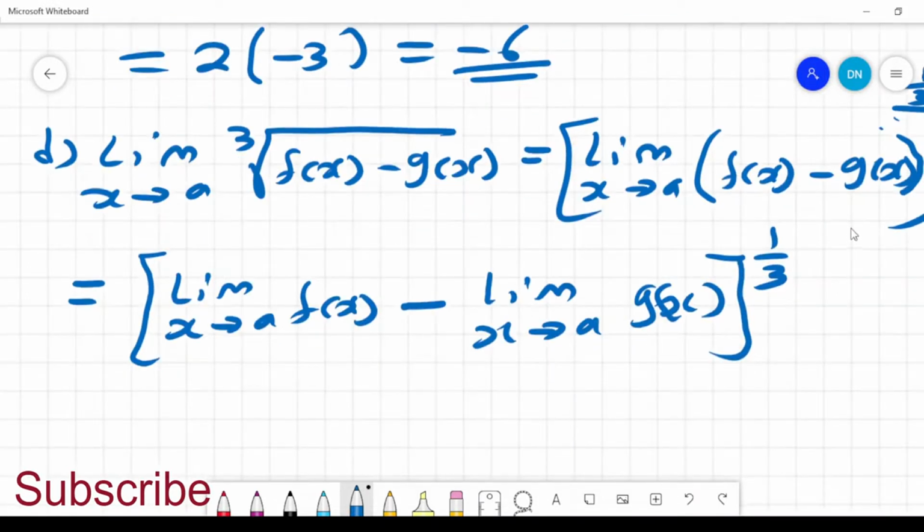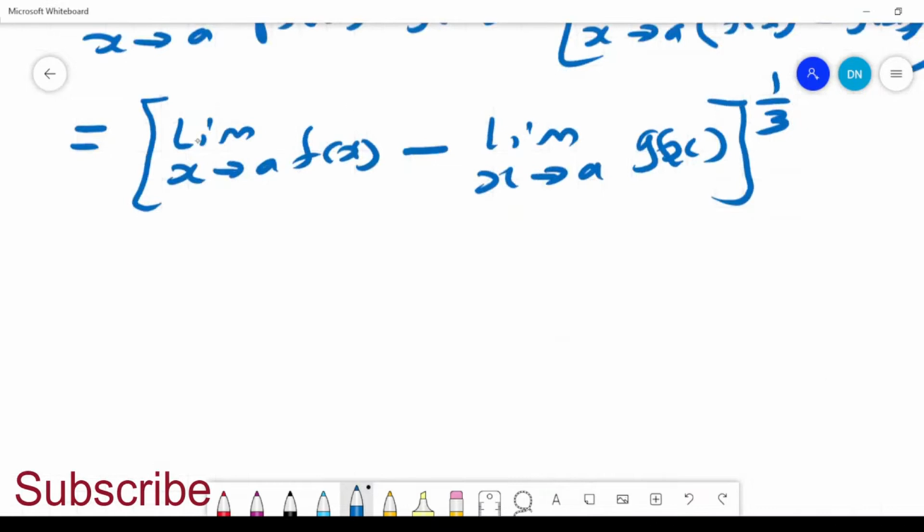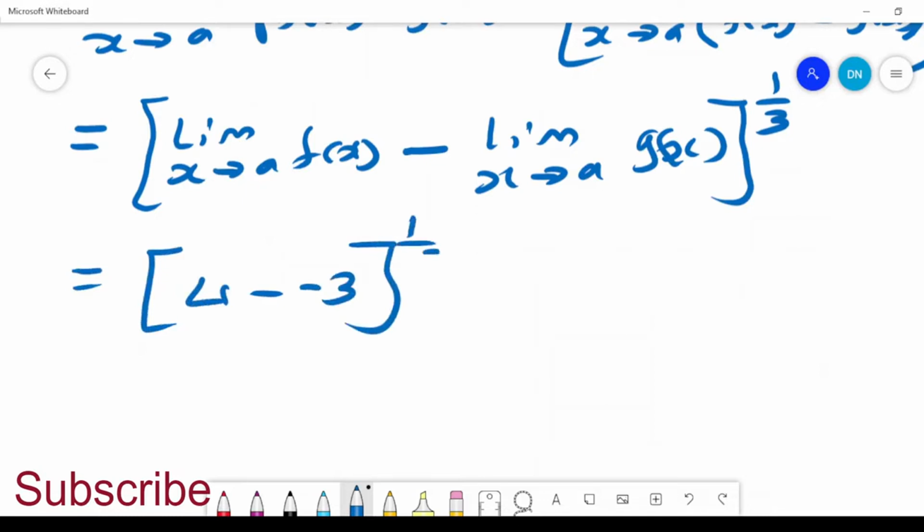And we know that we have been given the limit of f of x and g of x, so this is 4 minus negative 3 raised to power a third, which is 7 raised to power a third.